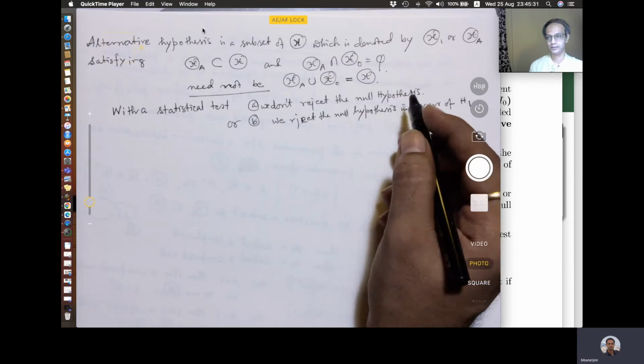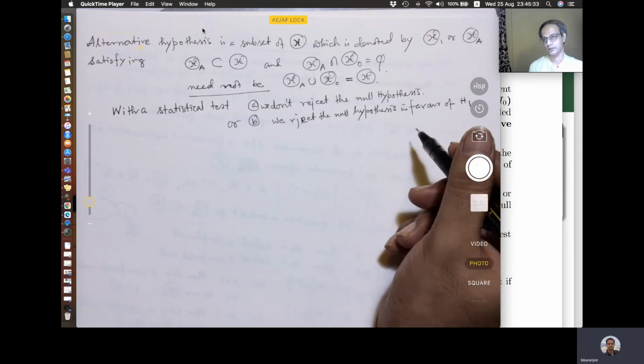So if this is rejected, then we go by H1. How we will reject, we will see.